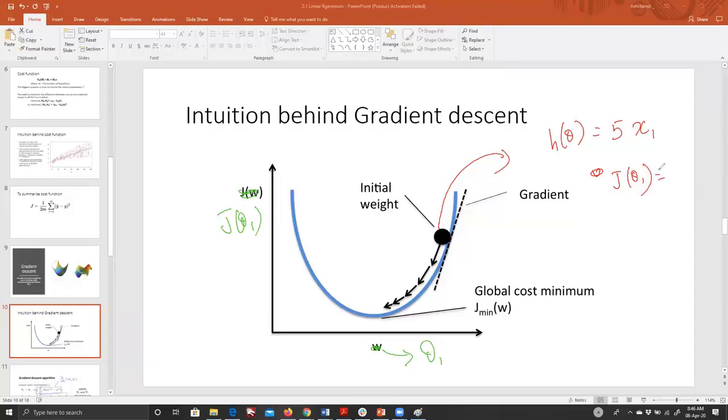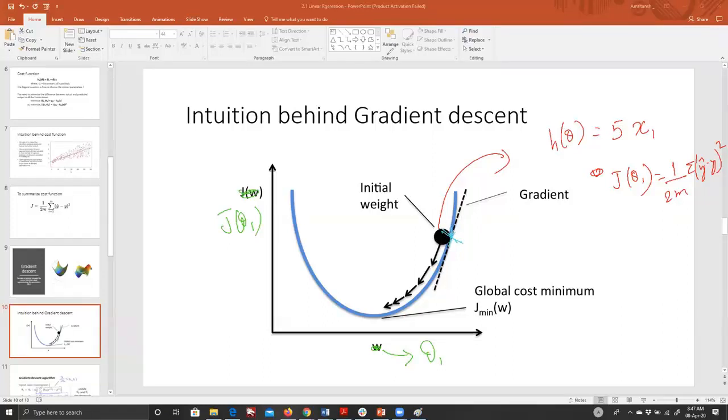What would be J theta 1? Y hat minus y, squared. In this form you understand this will look like a parabola. Because of random initialization, let's say it has started here, it appears here.